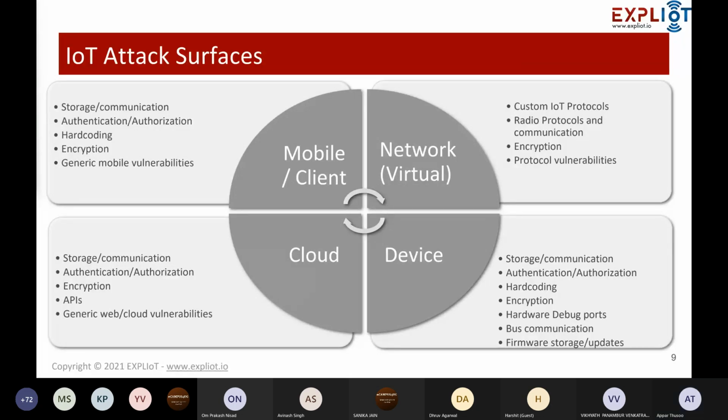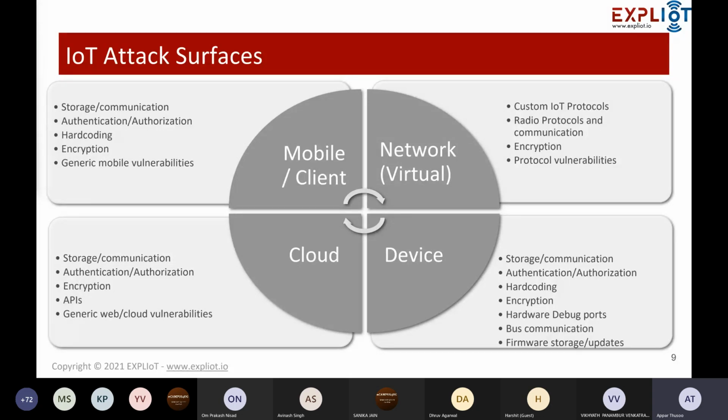Then we have the mobile and client application. This is a very well-defined field now. I think a lot of organizations like OWASP have come forth and defined a lot of guidelines when it comes to securing these assets, be it web, mobile, thin client application, and so on.